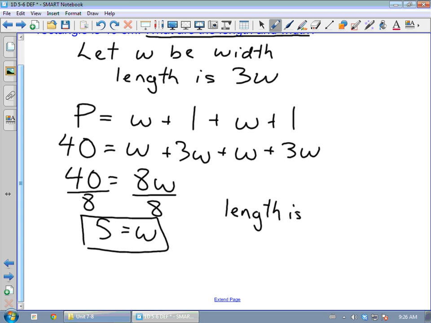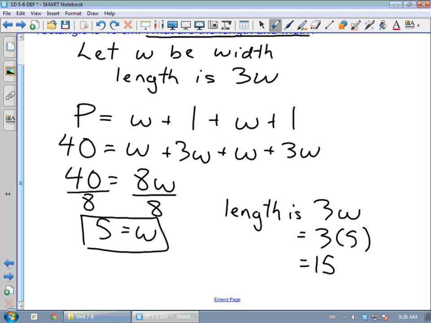So if W is 5, what is the length going to be? Three times 5, or 15.